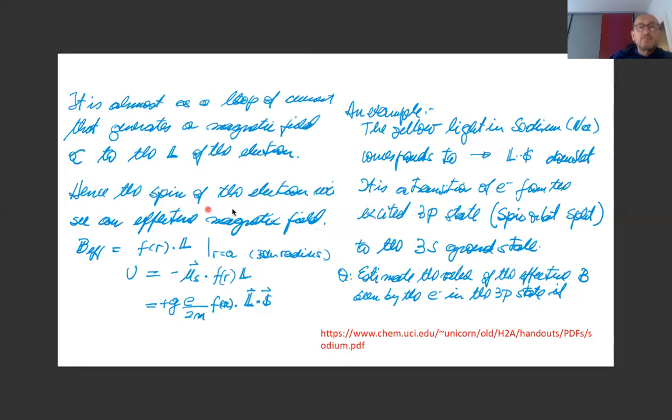Hence, the spin of the electron will see an effective magnetic field, which is a function of R times L. And this function of L really depends on which orbital angular momentum I'm considering.